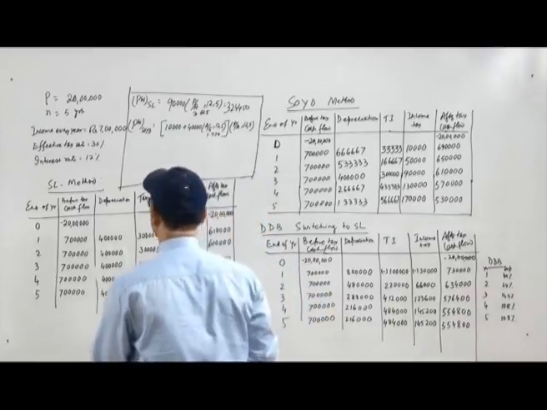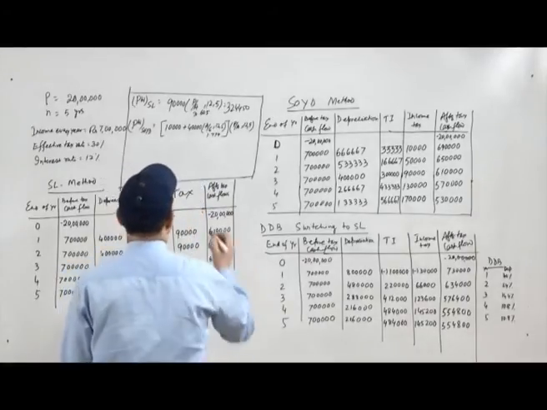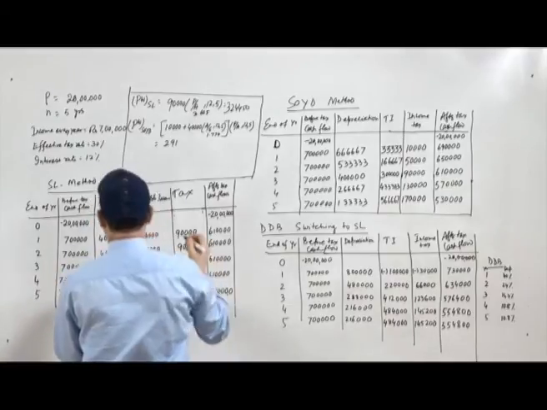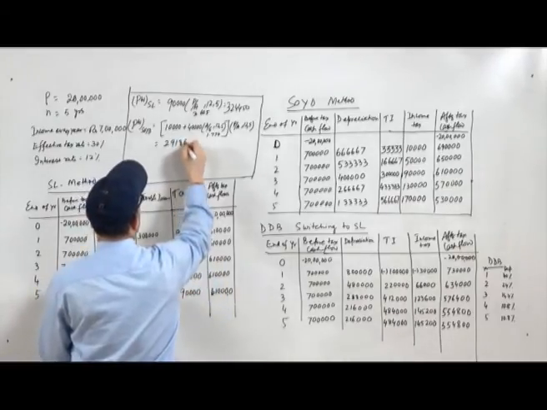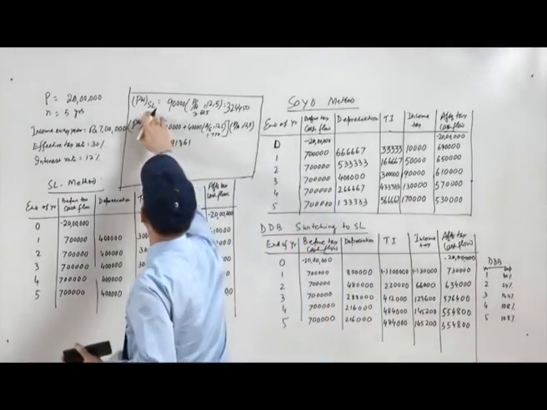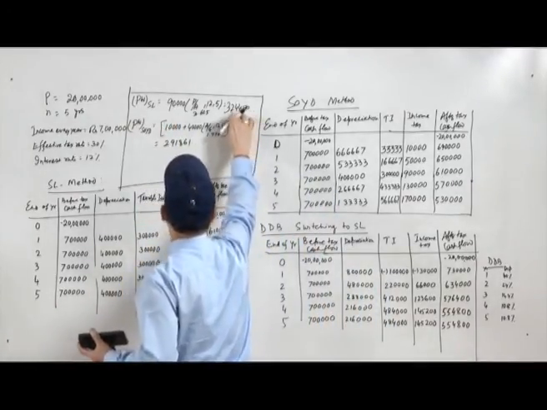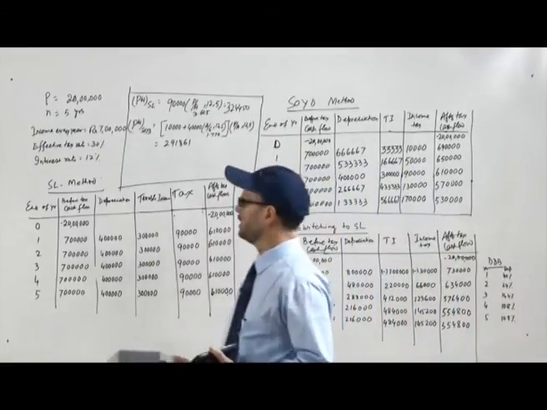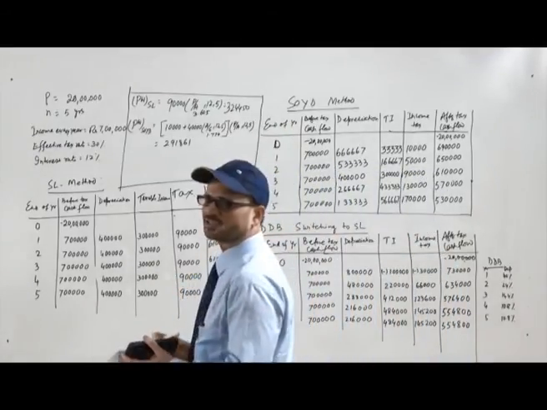So it is coming out to be 2,91,861. So, in the case of straight line method, we have paid the present worth value of the income tax as 3,24,000. In case of SOYD, it is 2,91,861.